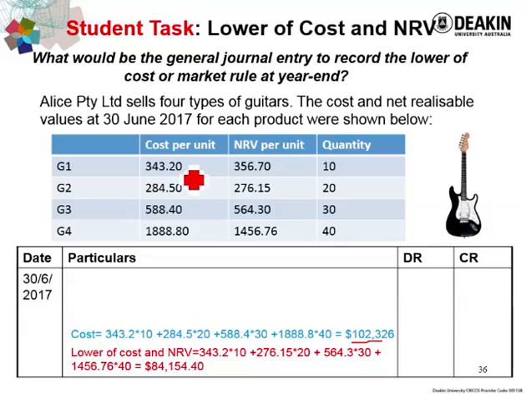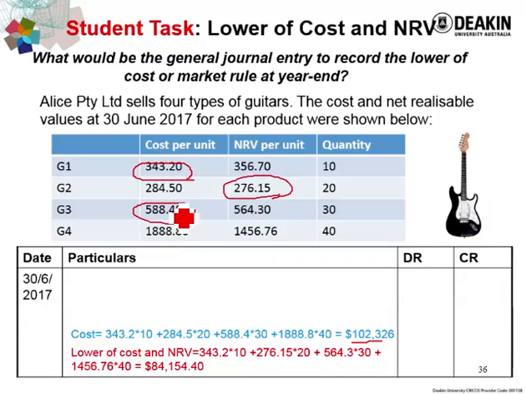Then we perform the lower of cost and net realizable value for G1. For G1, we pick the cost because it is the lower, so 10 times 343.2. For G2, we'll pick 276.15, the market value, because it is the lowest, so 20 times 276.15. For G3, the cost is lower, so 30 times 588.4.